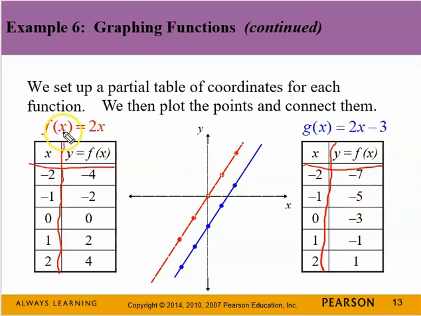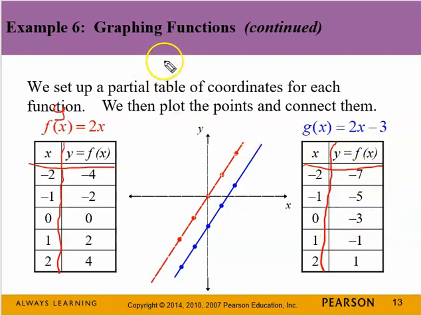So if x then is a -2, your y value here will be a -4. If it's a -1, -2. If it's 0, 0, 1, 2, 2, 4. Now notice you're getting the start of it, but then you have to subtract 3 from this result. So again, pause, sketch it. And then what do you notice?